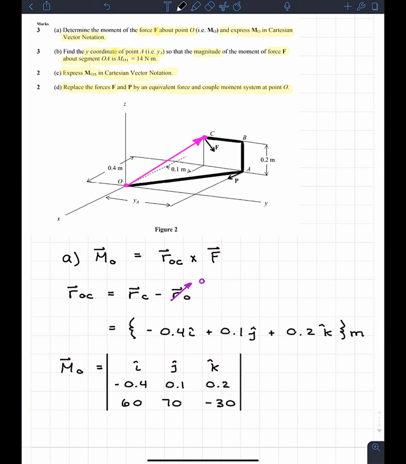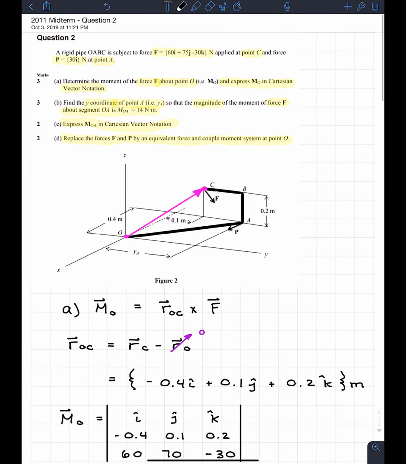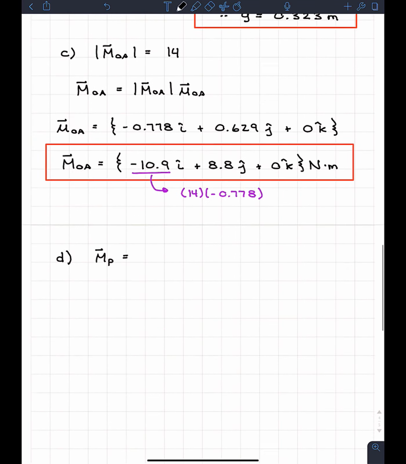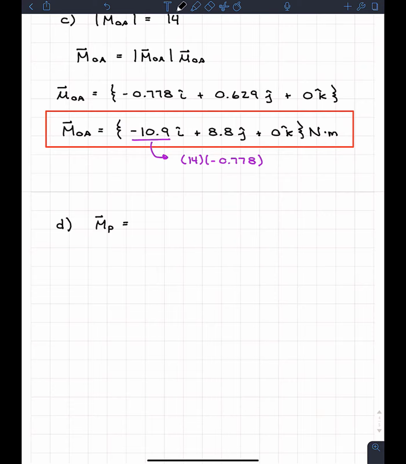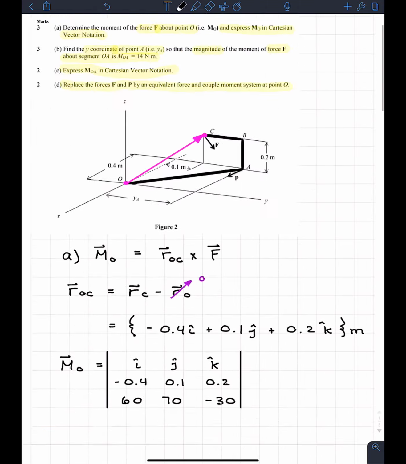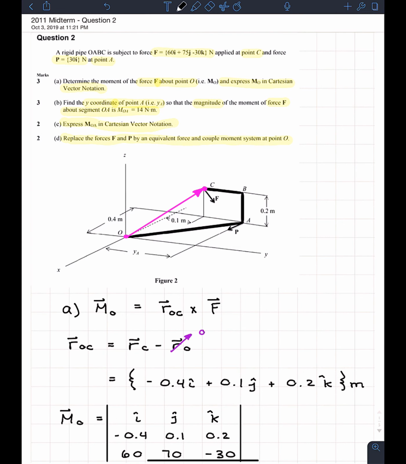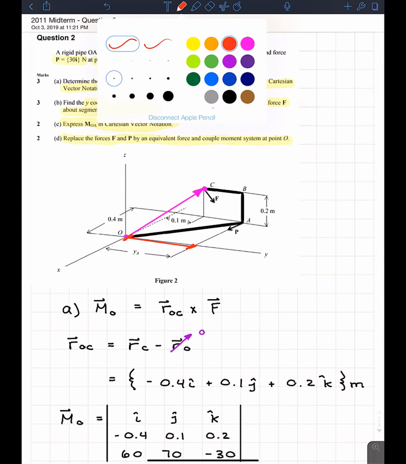If we're looking at P, we know that the magnitude of P, according to the question, is 30. So we're just going to put P is equal to 30, and then times it by that distance. As luck would have it, the perpendicular distance between O and P is this red line right here, which is y of A, something we had to solve for.